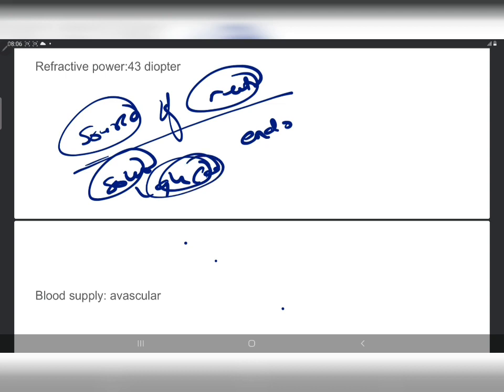There is normally anaerobic glycolysis taking place. The glucose comes through simple diffusion and active transport, through the aqueous humor and by diffusion from the perilimbal capillaries.